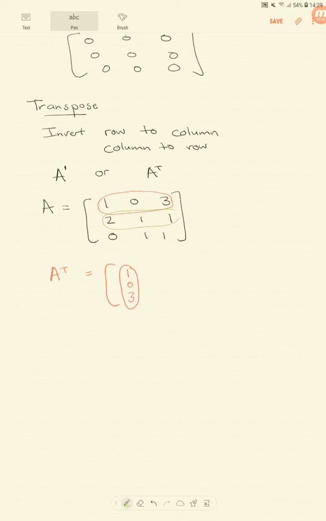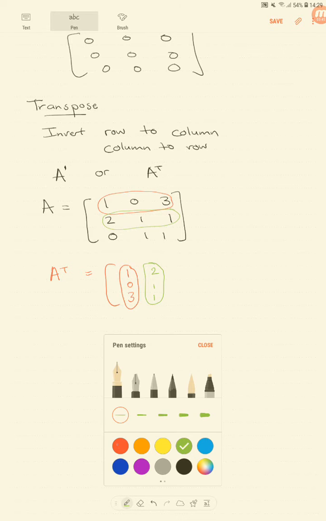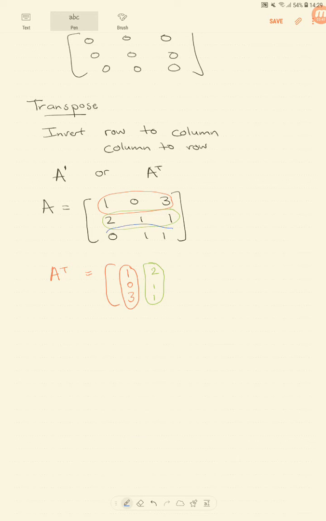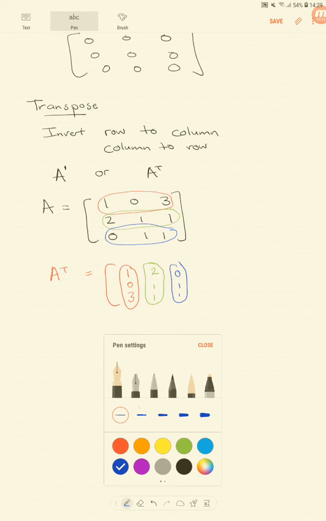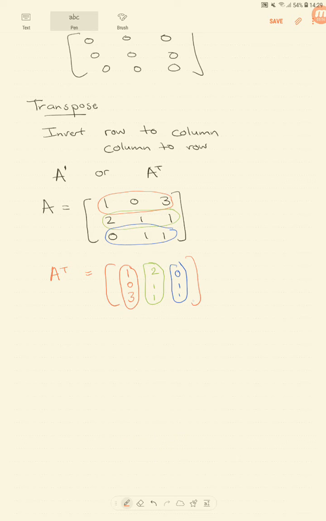Row 2 becomes column 2, so 2, 1, 1. And row 3 becomes column 3, 0, 1, 1. And we can close our matrix.